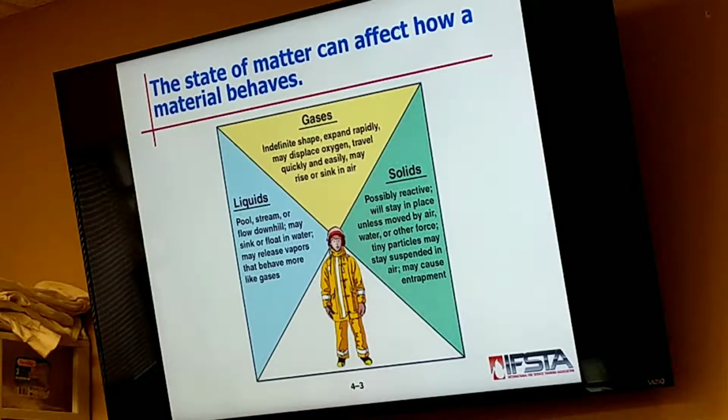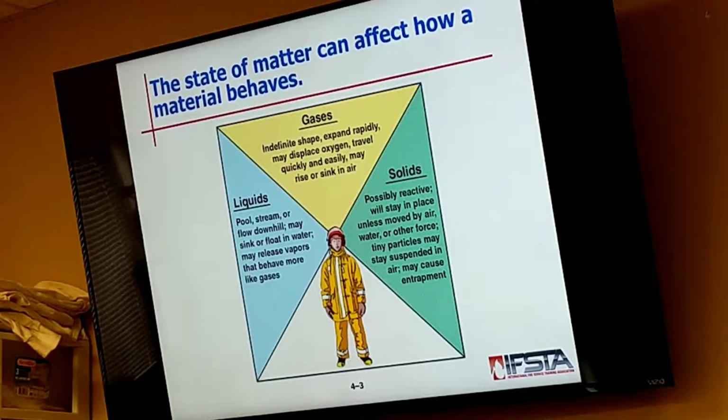If we have liquids, they can pool, stream, and flow downhill. They can either sink or float on water, and may release vapors. If we've got a gas, it has an indefinite shape and expands rapidly.